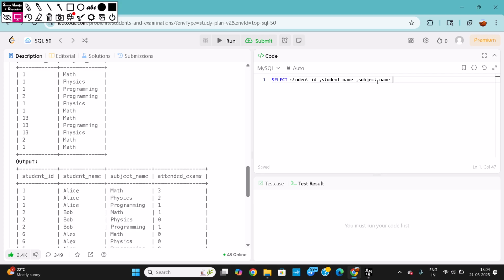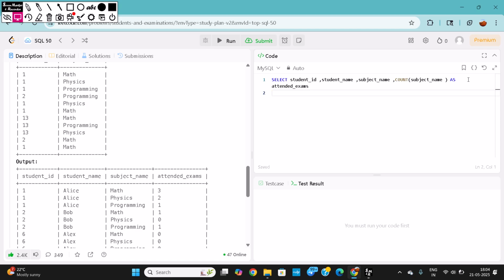So first of all, I will write the count function, count of subject name, as attended exams. Just copy the attended exams.